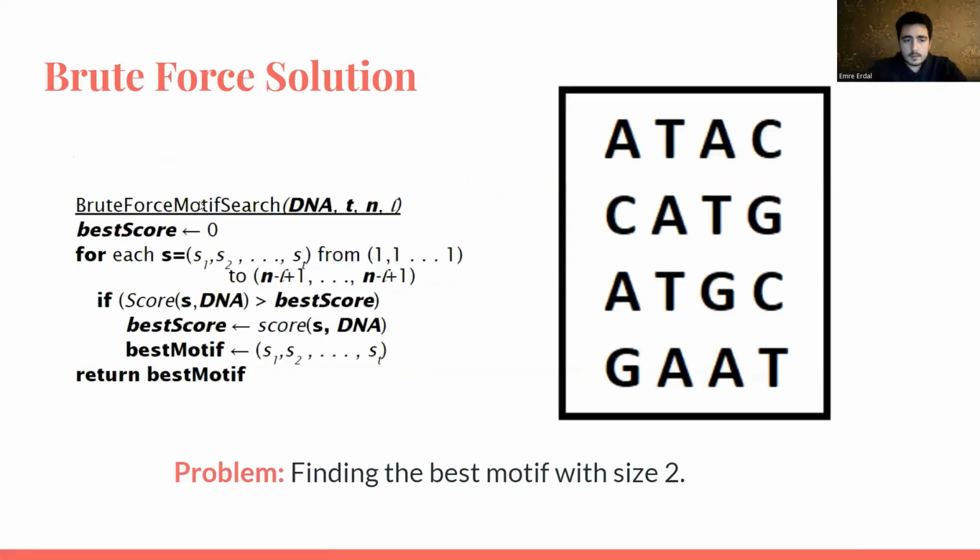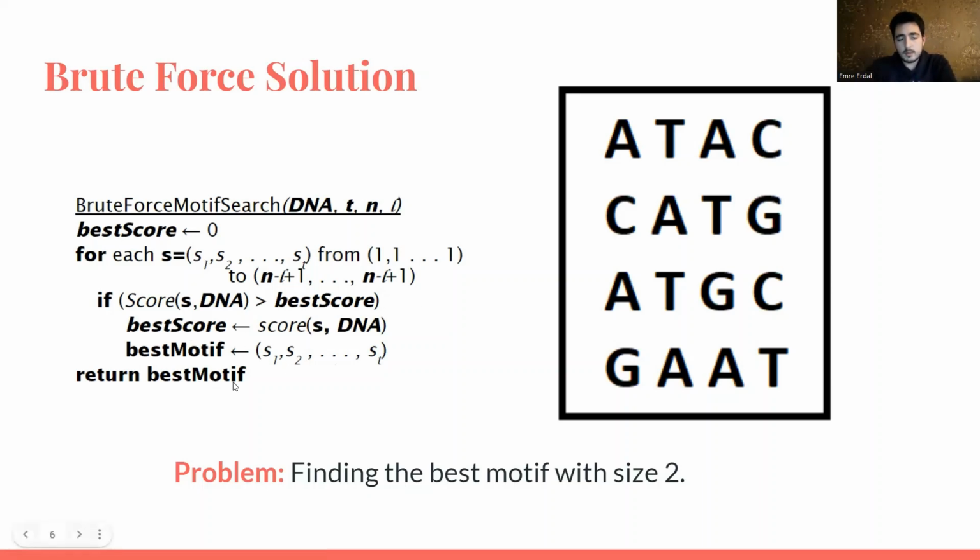This is the code segment for the brute force motif search algorithm, and it is the question that I will present in detail. To analyze the algorithm, the best score is assigned 0 at the first stage, and for looking at all of the sequences from the beginning to the end, if the score is higher than the best score, then the best score becomes that score to compare at the next stages, and the best motif is assigned accordingly.